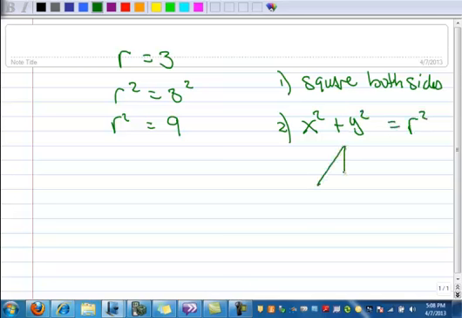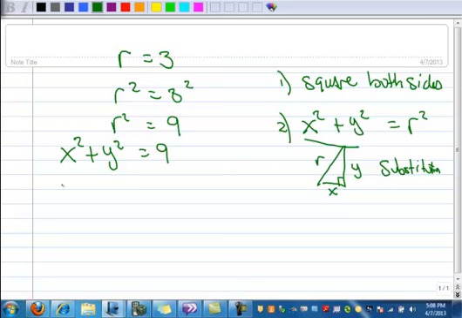Remember the little triangle picture? Here's your x, here's your y, here's your r. Because this is true, I want to make a substitution. So let's substitute this in for r squared. On the left hand side I'm going to have x squared plus y squared equals 9.